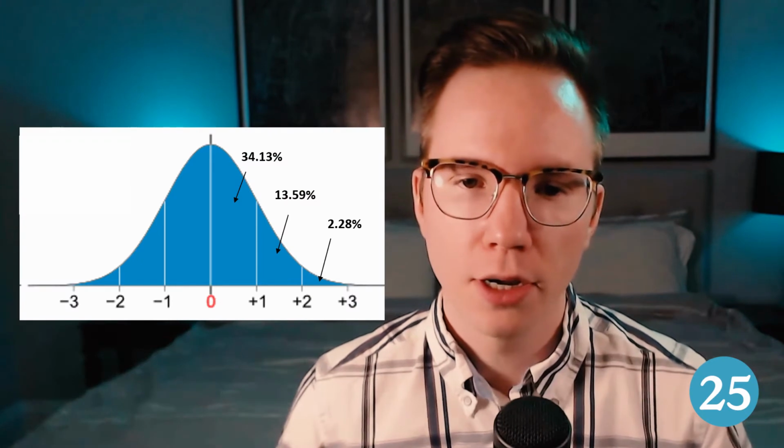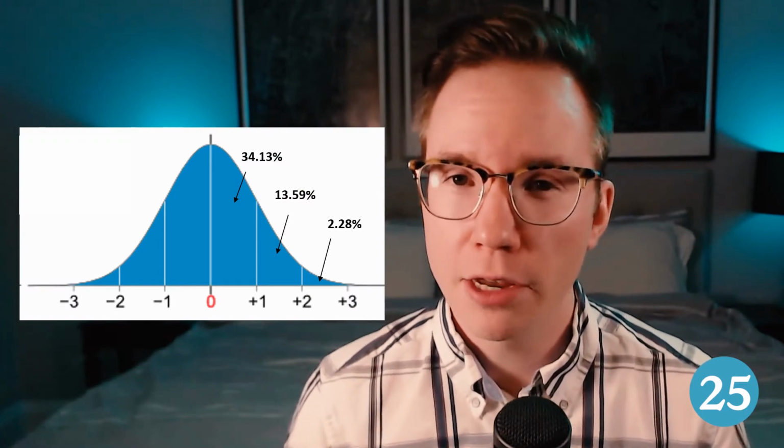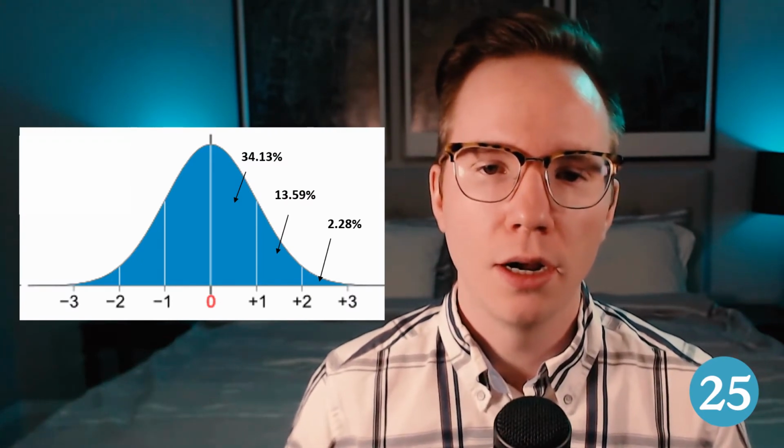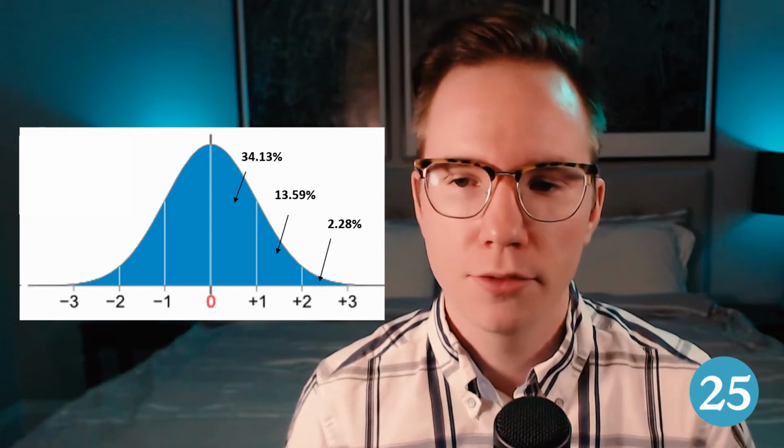And in most cases, the units are in standard deviations, and these are also called z-scores in most situations. And the standard deviations are representative of a specific value of the area under the curve.